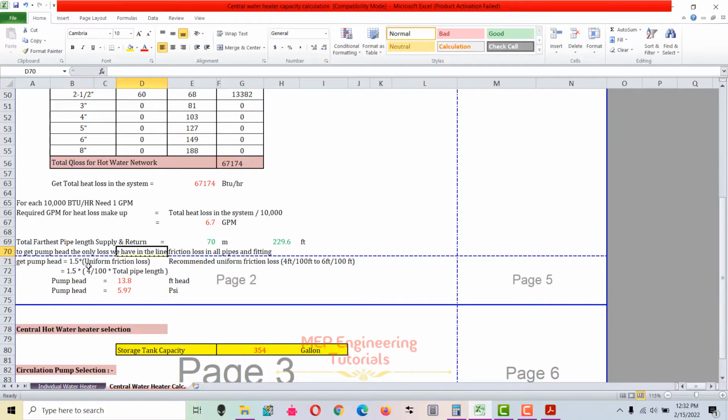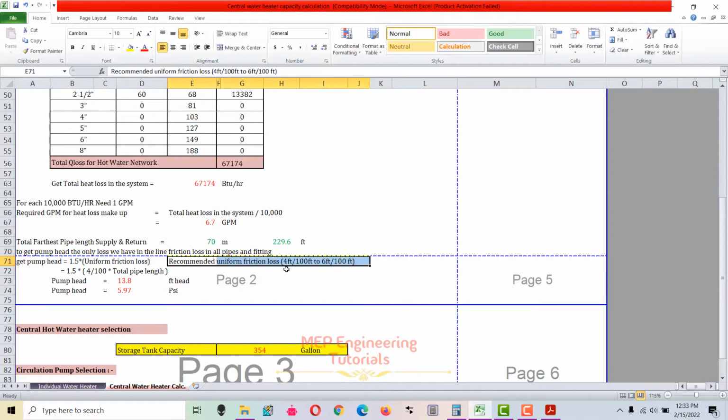So in order to get the pump head, you need 1.5 into uniform friction head loss into total piping length. Let me tell you the uniform friction loss first, and then I will tell you why I multiply with 1.5.